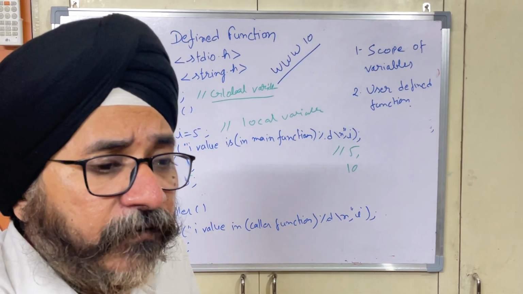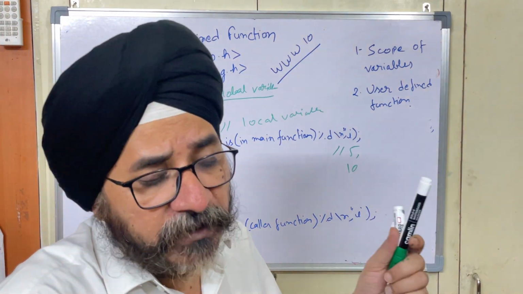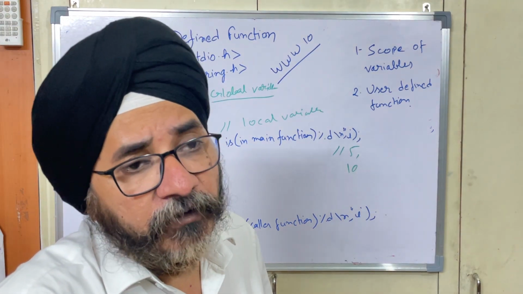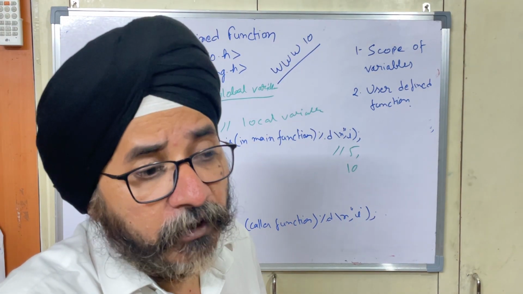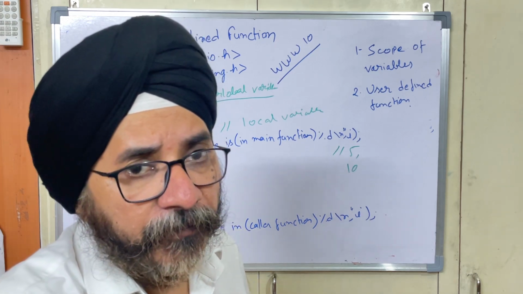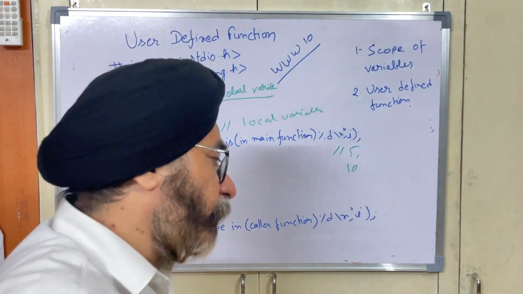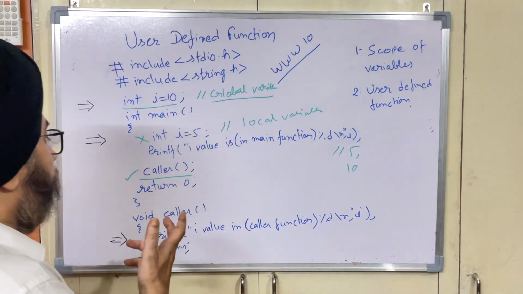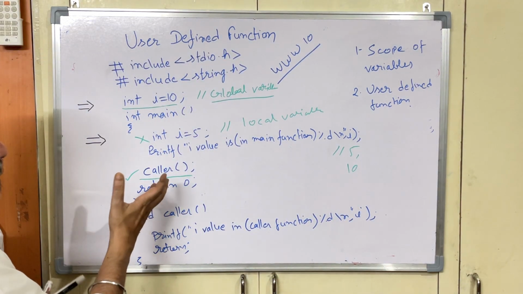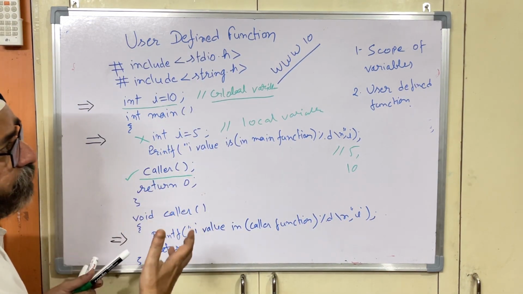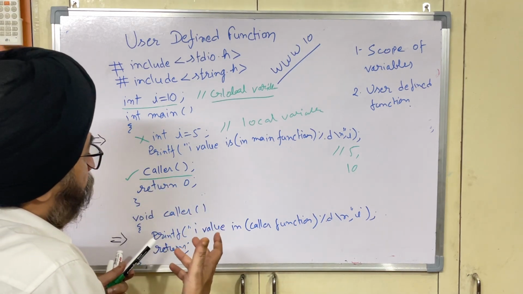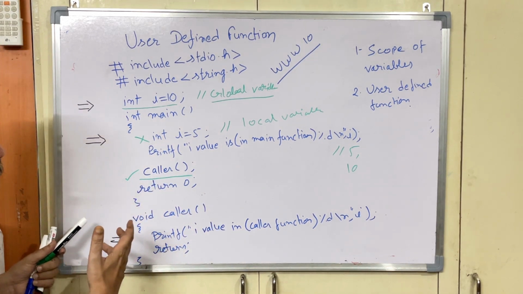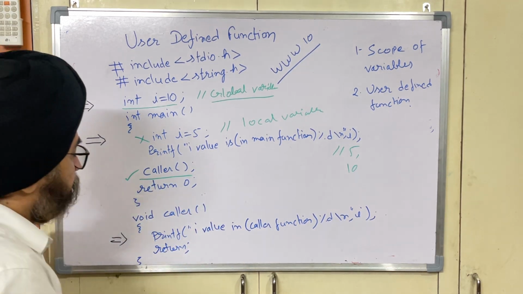We simply give a body of statements and call it whenever we need it. So it makes your program concise. In the next chapter we will discuss user defined functions more. But here I can simply say why we are using scope of variables for the main function, globally, or a user defined function.